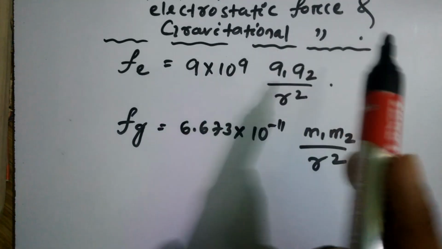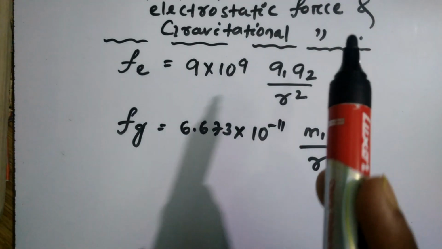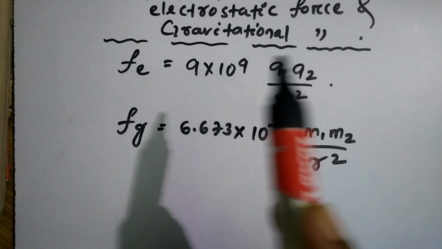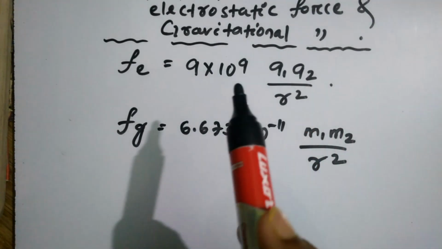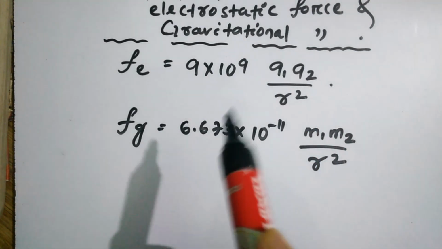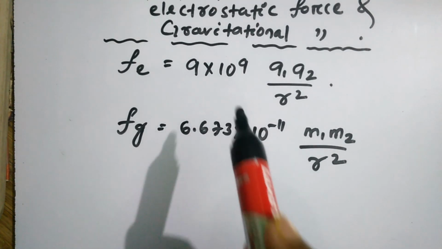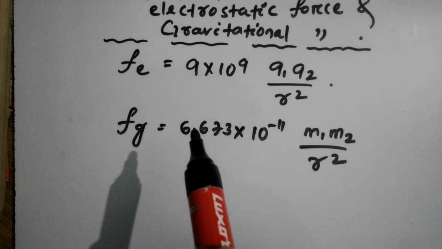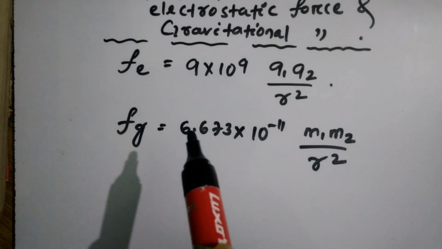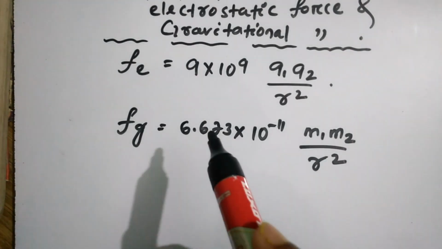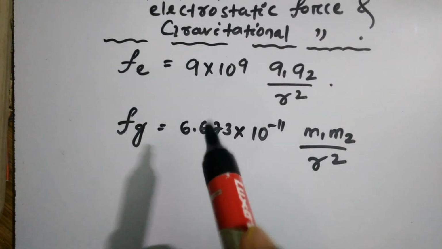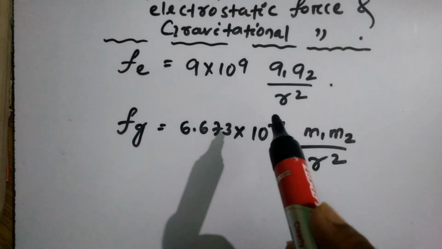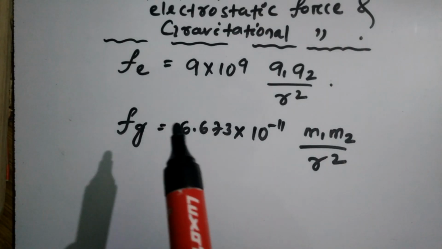The comparison means which force is greater and which force is smaller, or which force is stronger and which force is weaker, and how. This is our aim and our topic, to prove which force is stronger and which force is weaker.